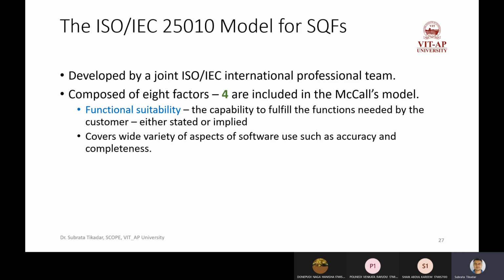Suppose the customer is expecting these also. So all these expectations should be fulfilled, and it covers a wide variety of aspects of software use such as accuracy and completeness. Now my question is, which of these factors of McCall's model is or are similar to this one?